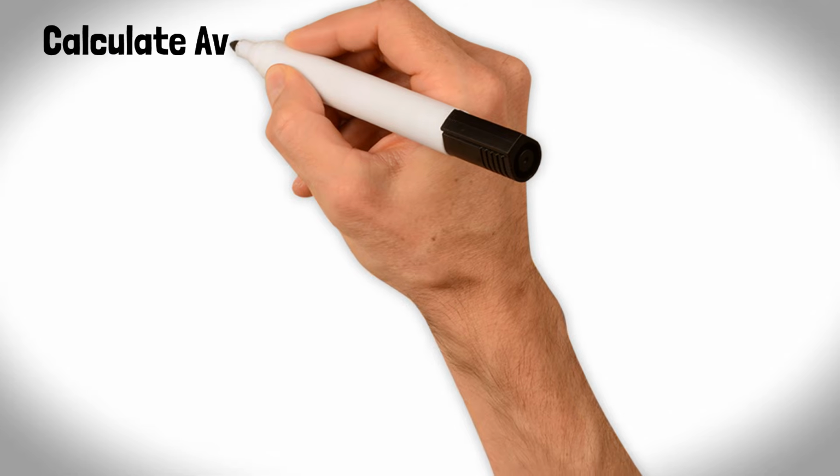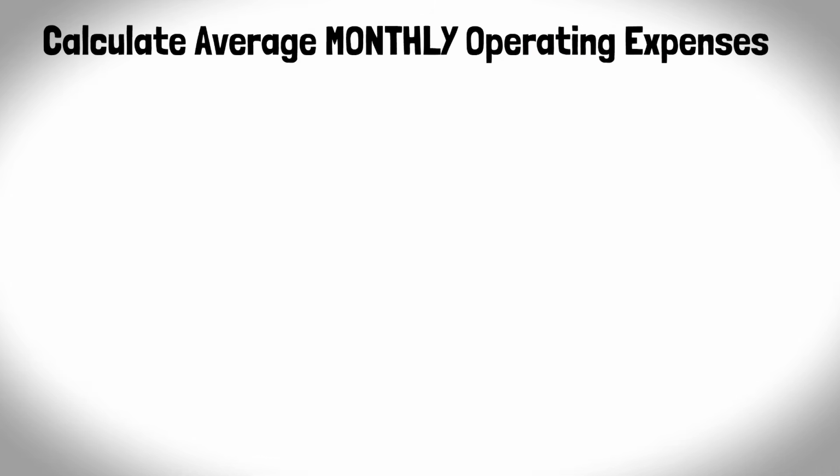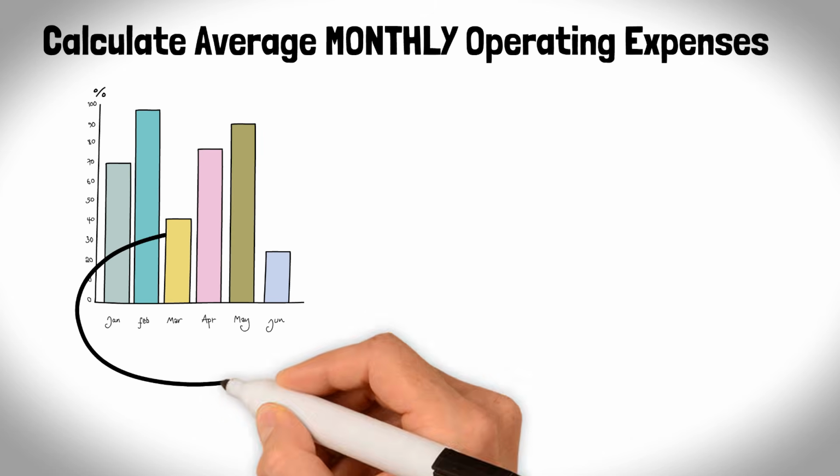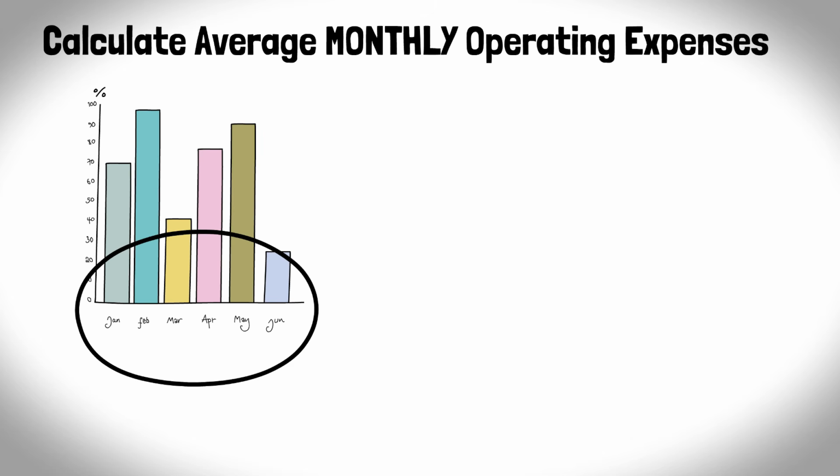Start by calculating average monthly operating expenses. Next, choose a target reserve amount based on the stability of the business. A stable company may aim for 3 months of expenses, while a more unpredictable business may target 6 months or more. For example, if monthly expenses are $12,000 and the reserve goal is 4 months, the target becomes $48,000.